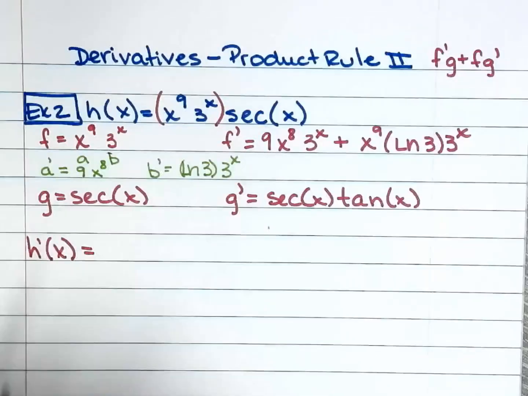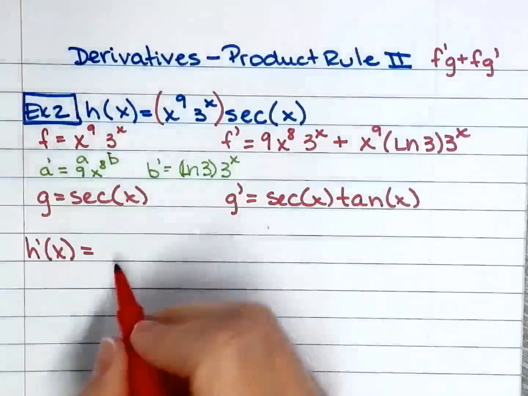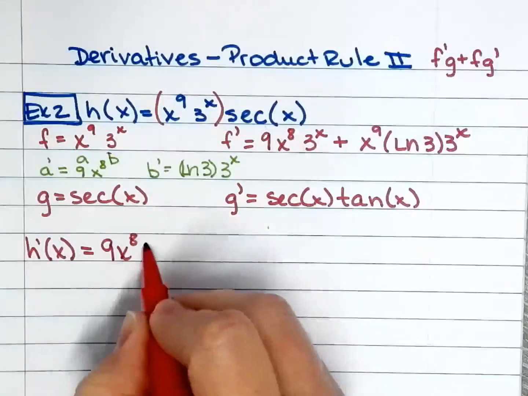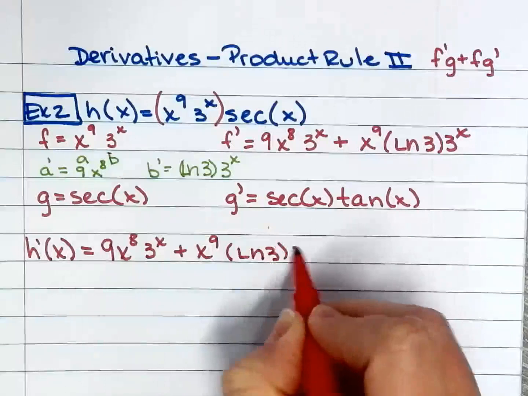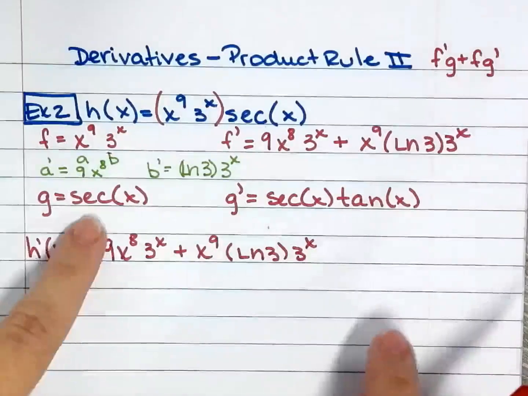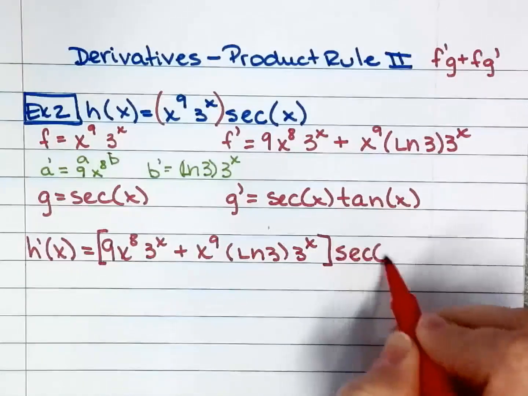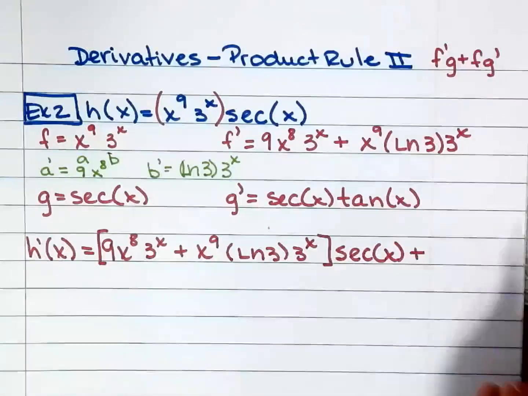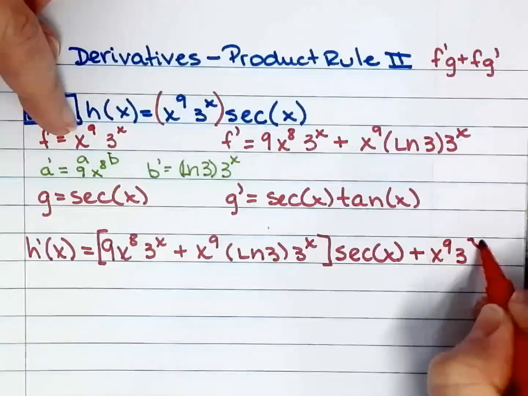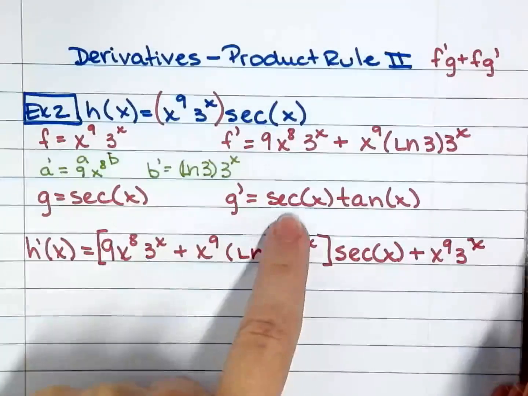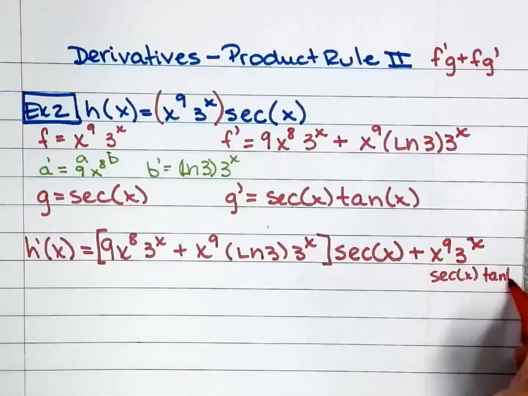So h prime of x will be f prime, this whole thing right there, times g. g is secant of x. So I'm going to put all of this and multiply by secant of x, plus f, this is function f, times g prime. I ran out of room. So secant of x, tangent of x.